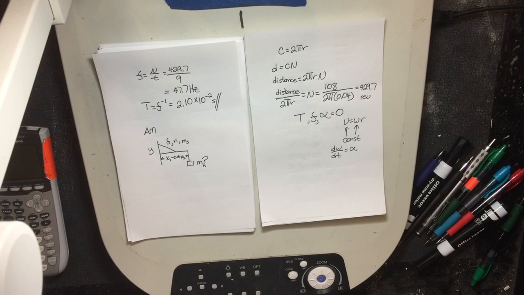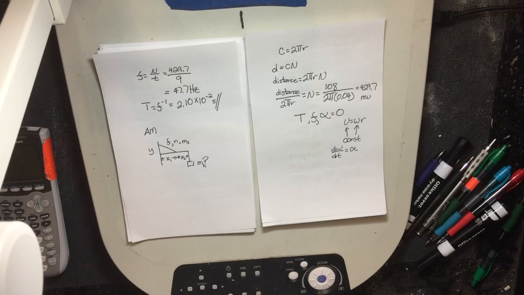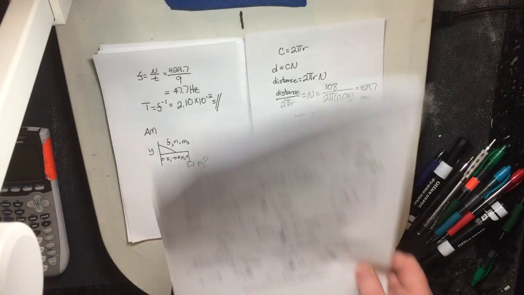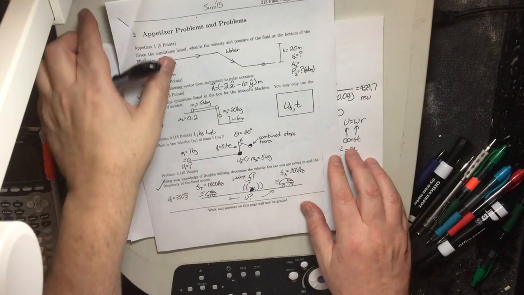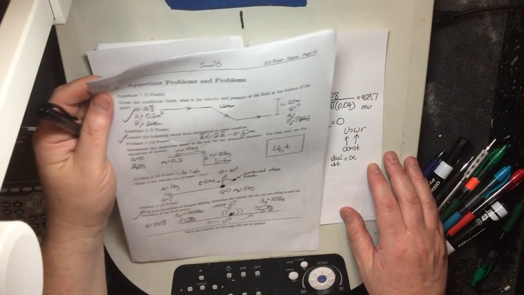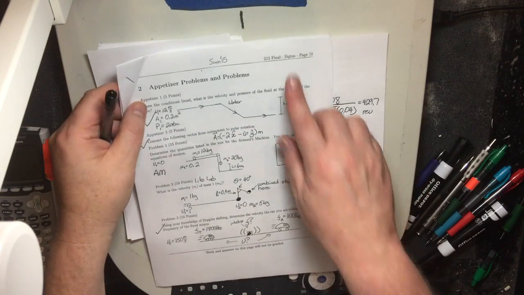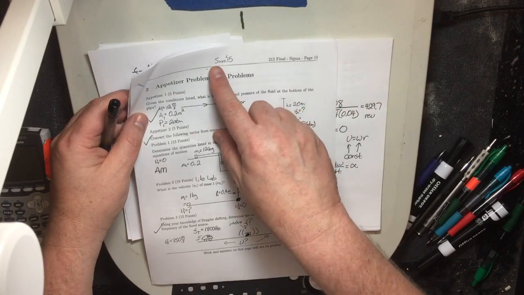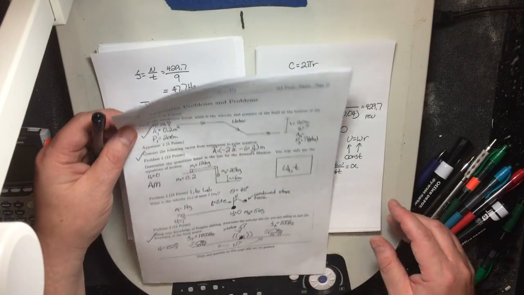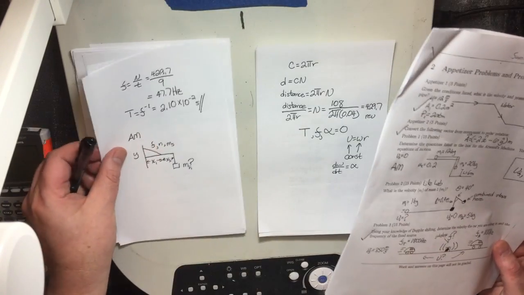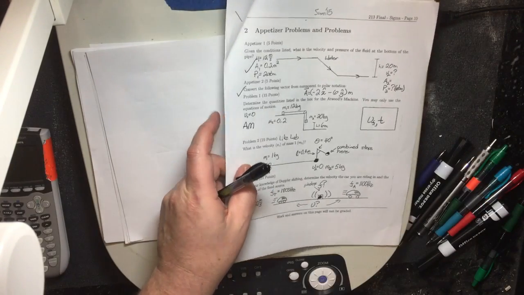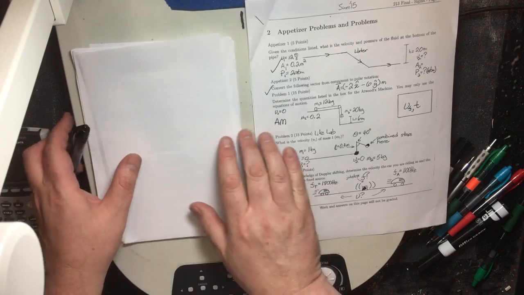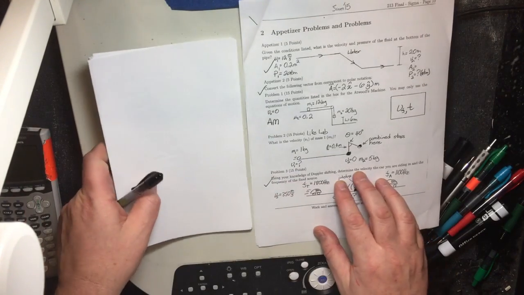So, yes. That number 2 problem, not this. Where it shoots. Oh, this one? Yeah. Okay. That one. All right, this is number 2, Sigma version. This is the final from summer of 15. This is like the lab.